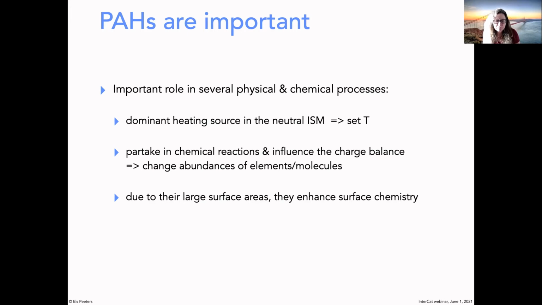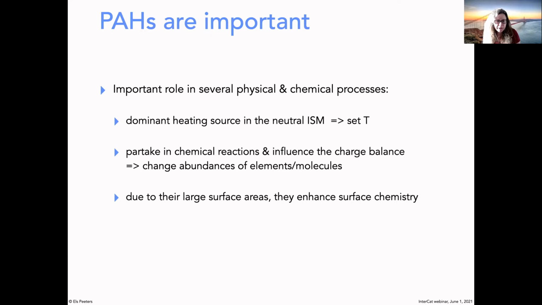And so it shouldn't surprise you that they also play an important role in several physical and chemical processes. For example, if you have a PAH molecule, you can photoionize it, and that free electron can carry away the excess energy, collide with other particles in the gas, and in that way heat the gas.